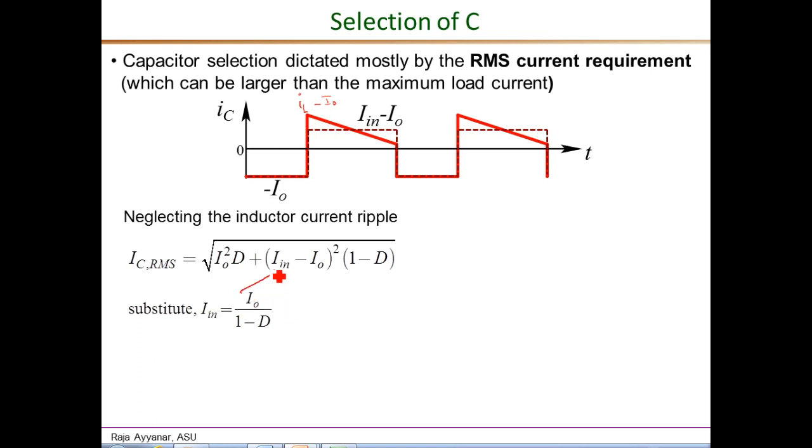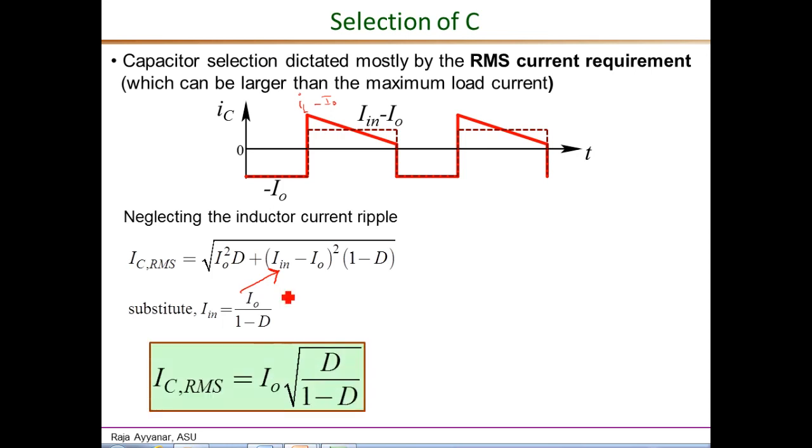If you substitute IN in this expression, what we get after just 2 steps is that IC RMS is equal to the load current IO times square root of D over 1 minus D. So clearly for D greater than 0.5, we see that the IC RMS is even larger than the load current itself. That's a large current through the capacitor, and that is why the capacitor selection is completely dominated by the RMS current requirement.